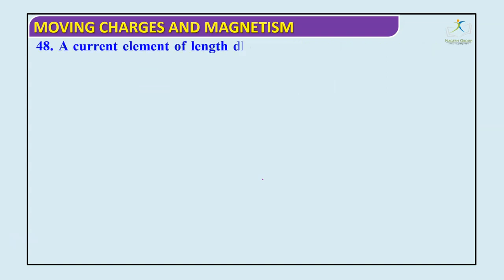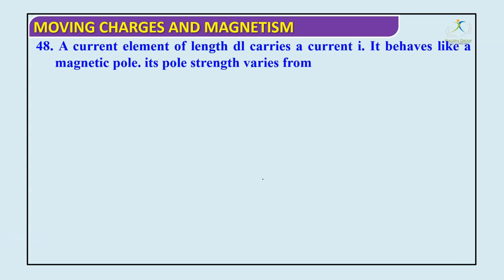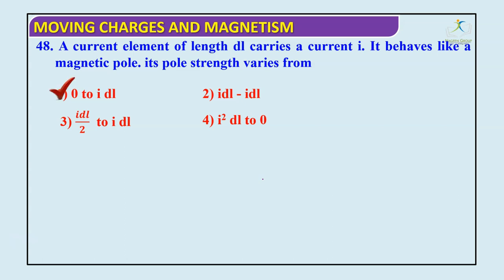Next, we have a current element of length dl carrying a current I. It behaves like a magnetic pole. Its pole strength varies from 0 to Idl, Idl to Idl, Idl by 2 to Idl, or I square dl to 0. The correct answer for this question is 0 to Idl.